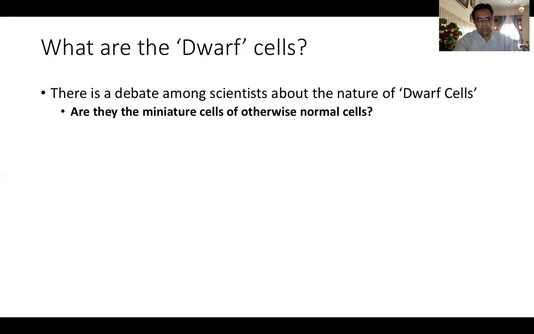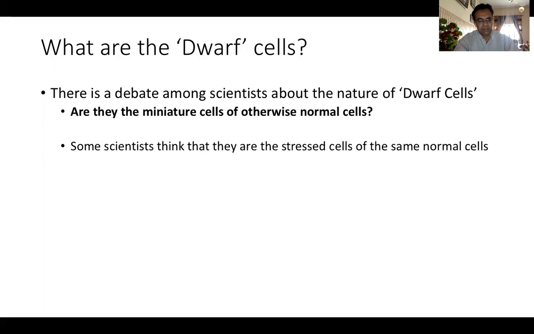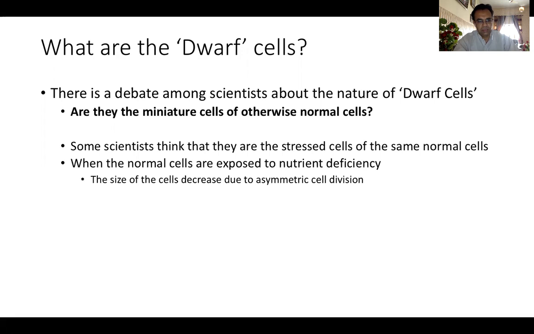Are they the miniature cells of the otherwise normal cells? Some scientists think that they are actually the stressed cells of the same normal cells. When the normal cells are exposed to nutrient deficiency, as we have already discussed, the size of cells decreases due to asymmetric cell divisions.